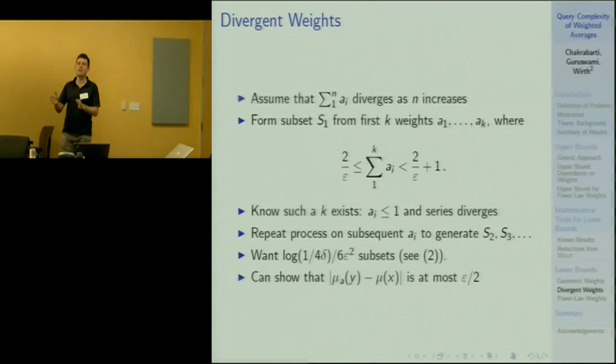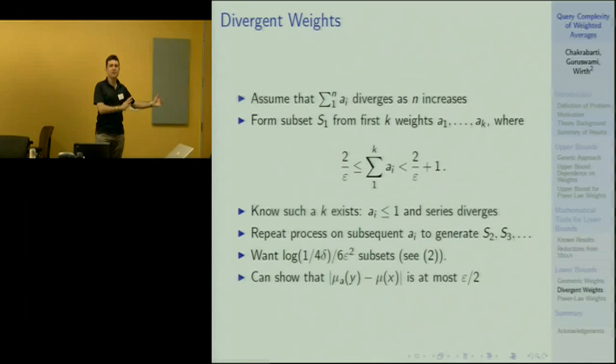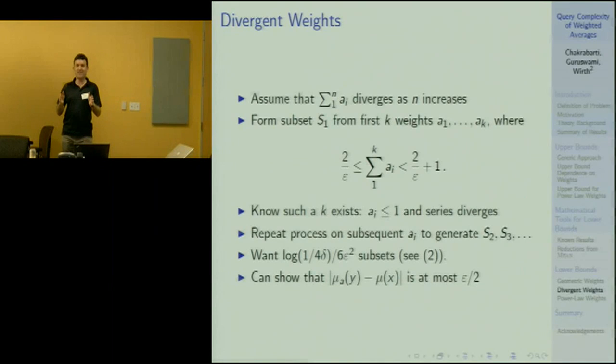So what we do is we keep taking weights until we get a sum that's somewhere between 2 over epsilon and 2 over epsilon plus 1. And we know that we can do this because of the bound and the fact the series diverges. So we carve that off, and then we take another chunk of weight between 2 over epsilon and 2 over epsilon plus 1, and so forth. And if you add things together and you get exactly that many subsets, then you can estimate the mean within epsilon over 2.